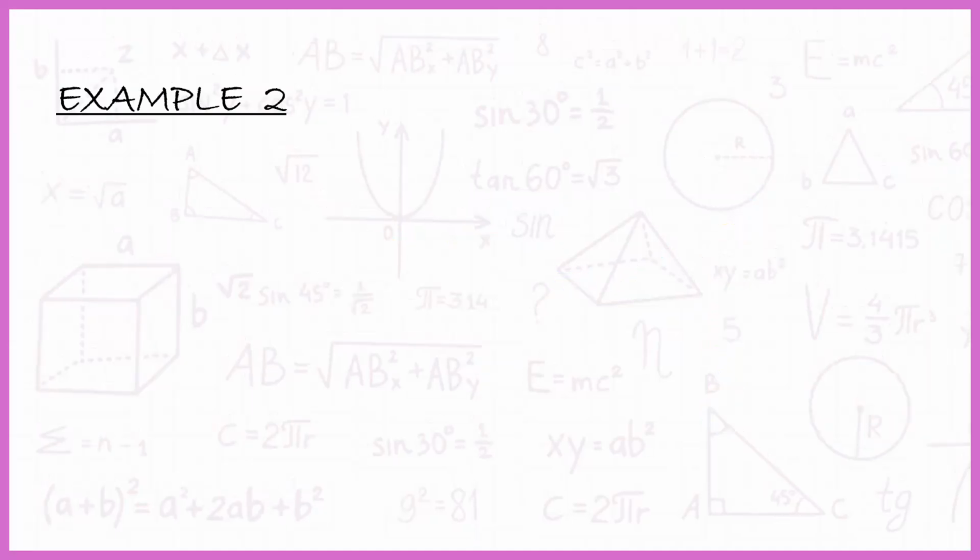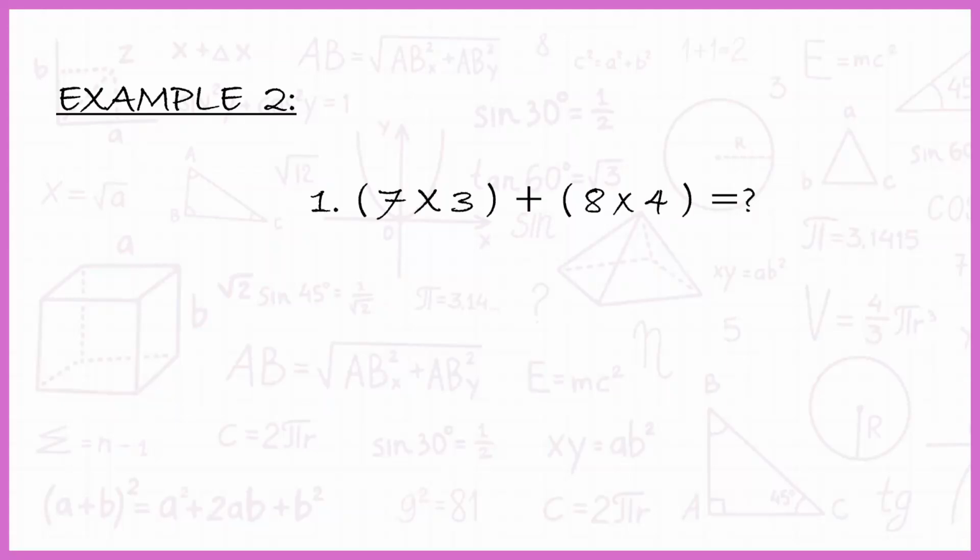Now we're going to have a look at example number 2. So this is open brackets 7 times 3, close brackets, plus open brackets 8 times 4, close brackets. So we're going to write the BODMAS acronym down the side. And there is brackets, but there are 2 sets of brackets. So what are we going to do? Well, we're going to solve this from left to right.